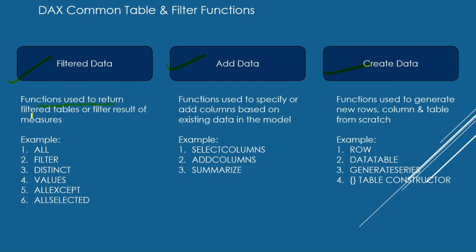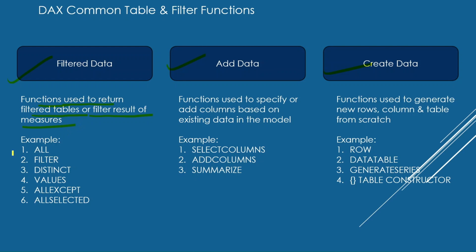Filter data functions are used to return a filtered table or a filtered result of a measure. So when are we going to use these filter data functions? Whenever there is a requirement that we need to filter a subset of the data from a big table, or we want to filter the results from a measure, we can use these filter data functions.